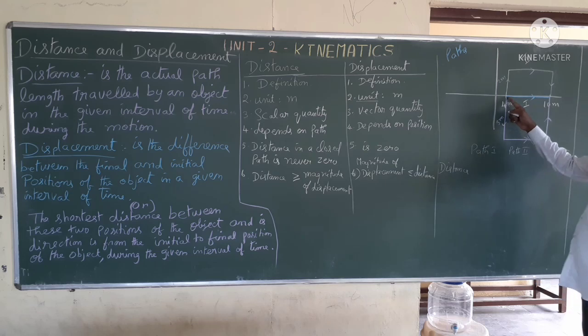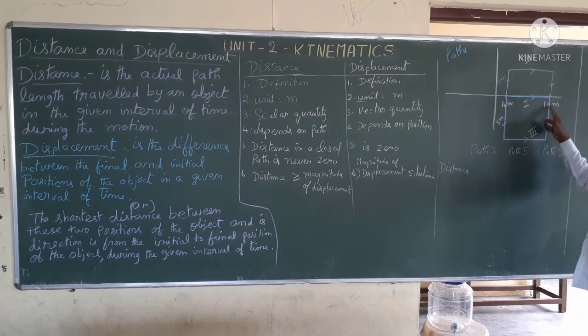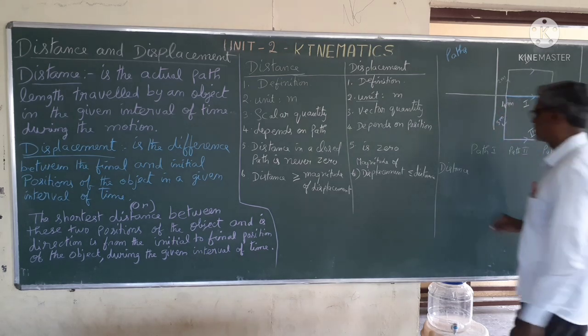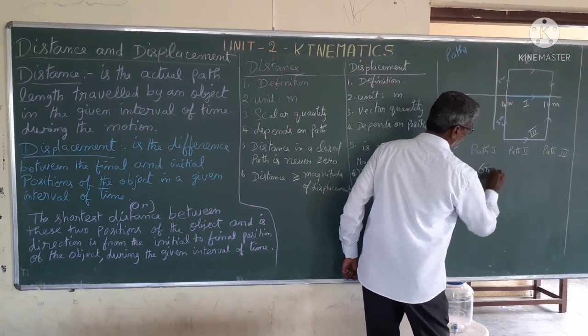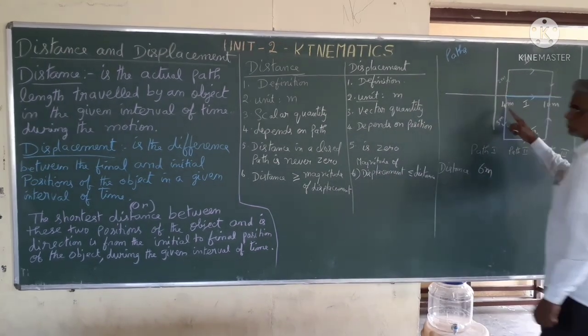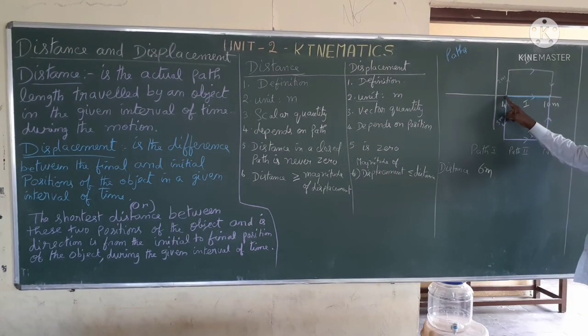Now I want to find the distance for path 1. It starts at 4 meters and ends at 10 meters, so 10 minus 4, 6 meters. In path 2, you see from here it went 2 meters, then it crossed 4 meters, then from here it is parallel, so it is 2 meters.